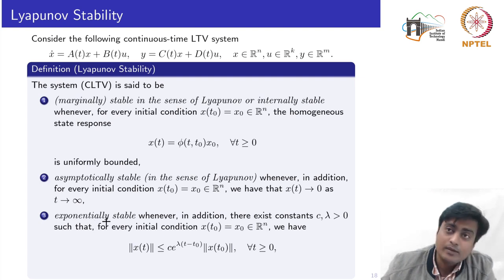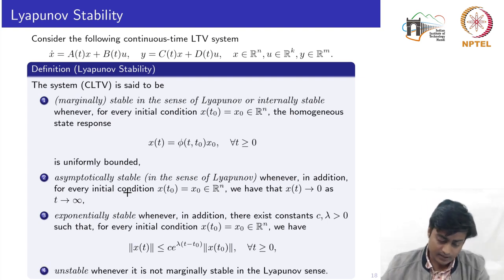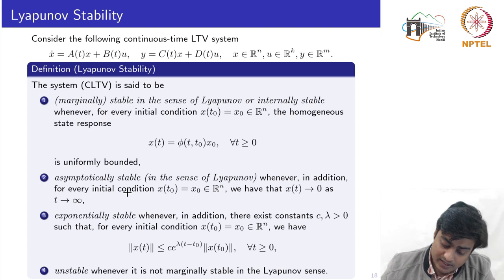This exponential stability we have not seen in the definition earlier, but for linear systems we know already that the response is basically an exponential response, irrespective of whether you are in the time invariant case or the time varying case. This is the reason we have included exponential stability, since the response is an exponential behavior. Again, unstable when it is not marginally stable in the Lyapunov sense.